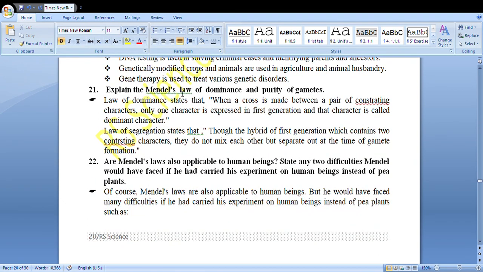Explain Mendel's law of dominance and law of purity of gametes. We have already stated these two laws previously also.